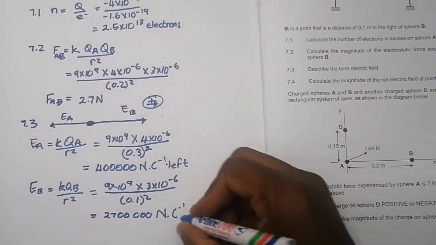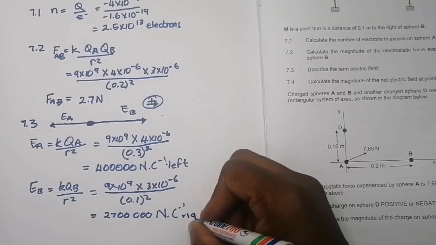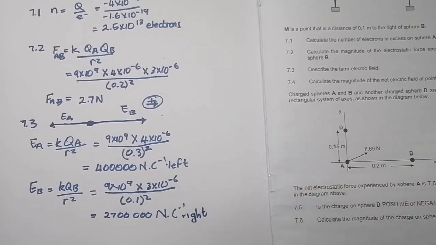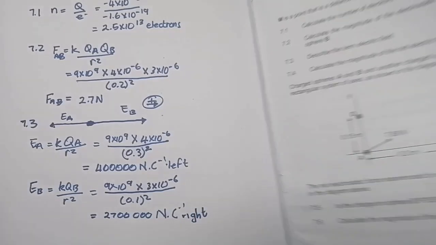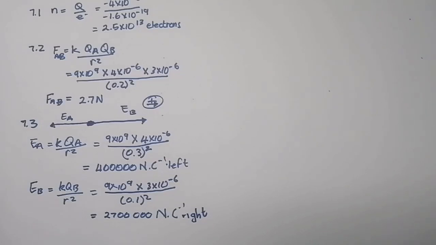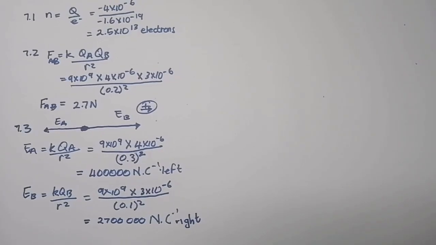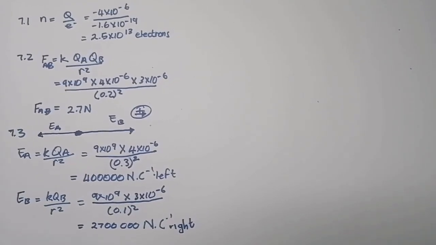Okay, right, I'm trying to scramble for space here. Right, if you don't mind, I'm just going to continue over the other side. Okay, so what we now wanted to find, remember, the question was to find the net field, right? So now I'm going to say, all right, we've got the two fields.